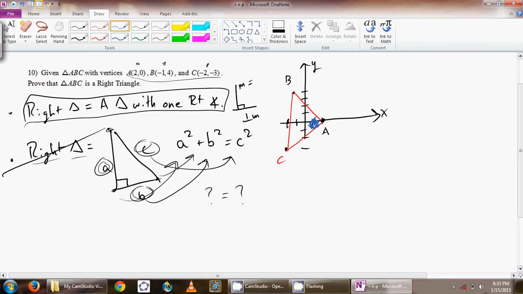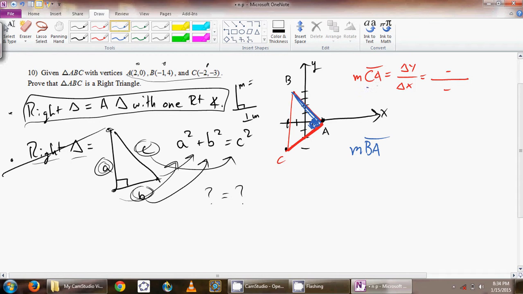So the two slopes that I'm going to calculate are the slope of this segment, CA, and then I'm also going to calculate the slope of BA, and that's it. And then I'll write up my proof, which is one sentence. So slope is change in y over change in x. So I'm going to have a fraction with some differences.